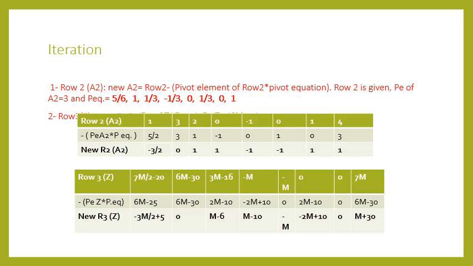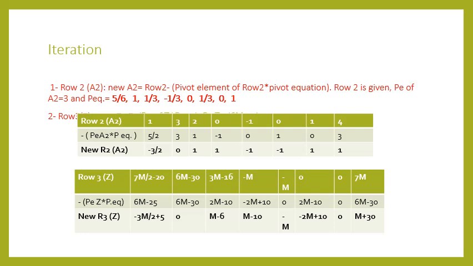So we are going to copy the values of A2 as it is from the previous table and paste it here. Then we are going to find the result of multiplication.